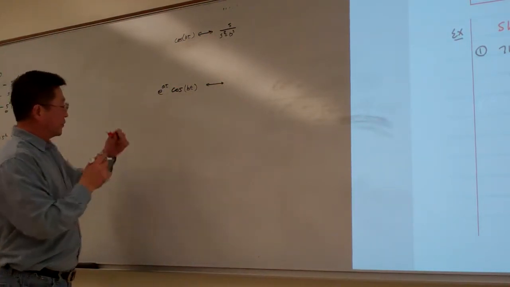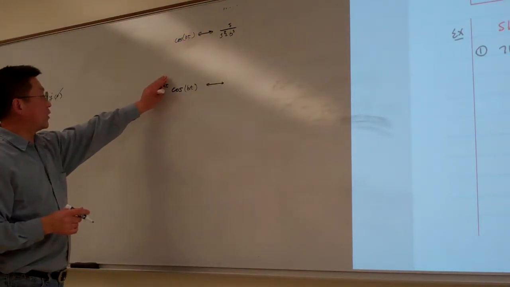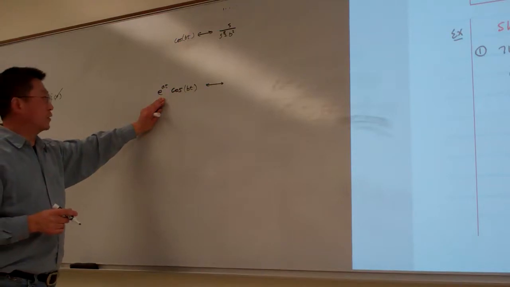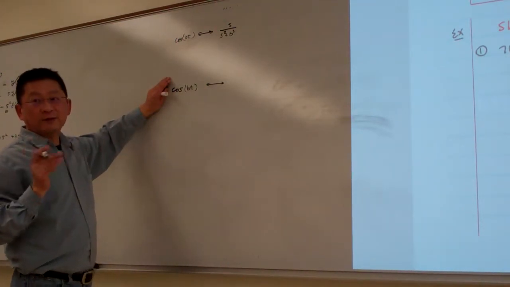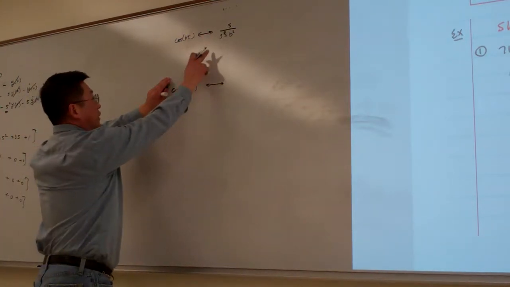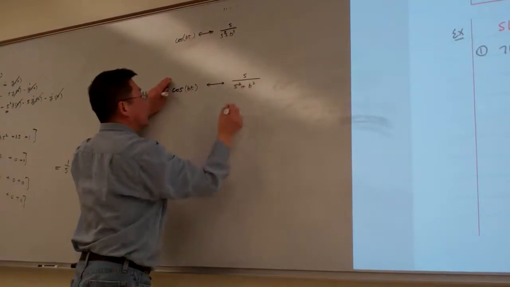You multiply with that form, right? Because this is a generic function, they multiply with the exponent. You cover up this one mentally, and you write out the generic form, so that is s over s squared plus b squared.